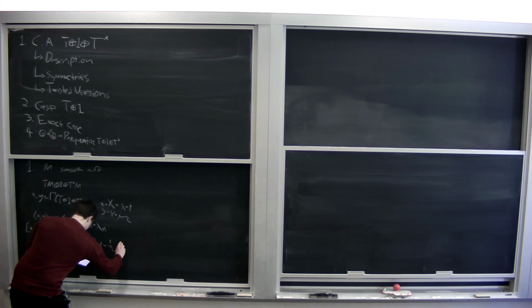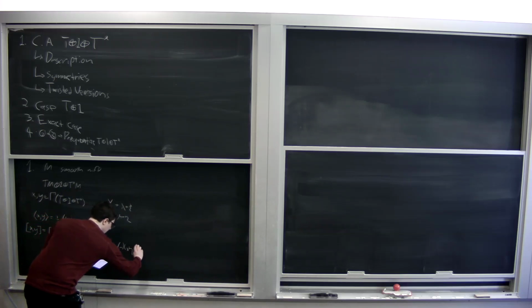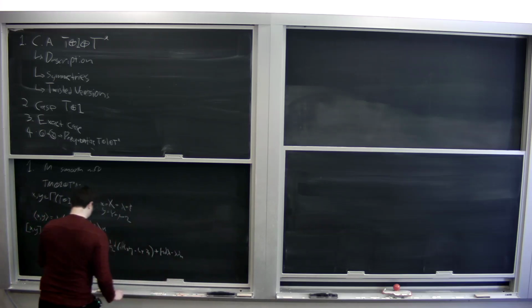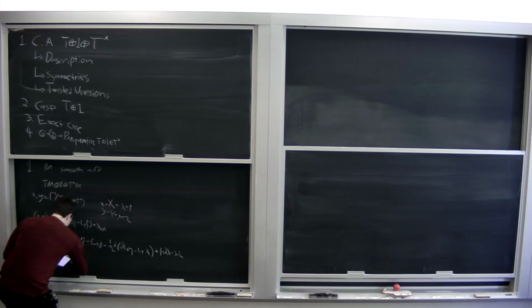Minus 1/2 of d i_x eta minus, sorry, I want the d outside, d i_x eta minus d i_y c, plus mu d lambda minus lambda d mu. And then finally, plus i_x d mu minus i_y d lambda.